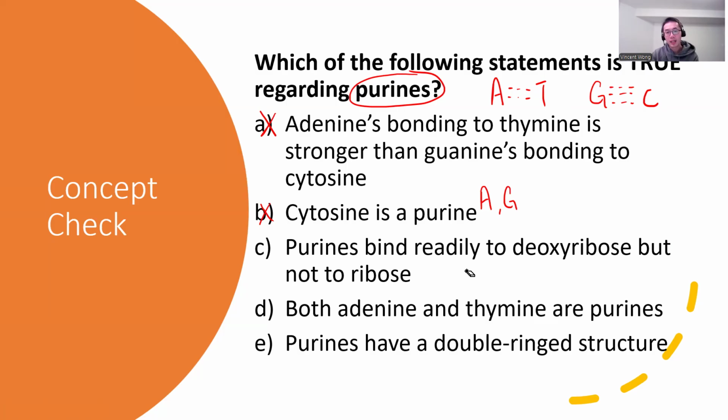Purines bind readily to deoxyribose, but not to ribose. So they are saying the A's and the G's will only bind to DNA, but not RNA. That's not true. A and G are both present in DNA and RNA. Both adenine and thymine are purines? Nope, we know that's not true already. It's supposed to be guanine. Purines have a double ring structure. That's the correct statement.